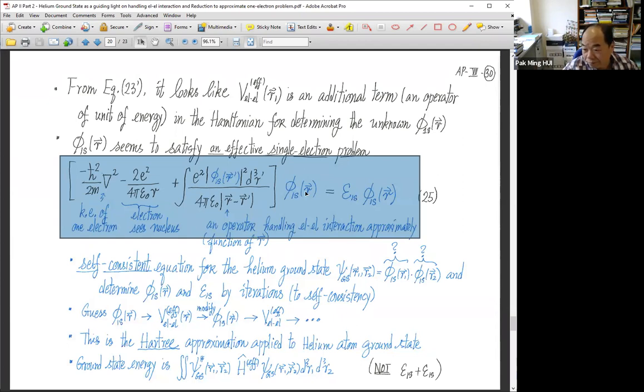Now, what's being done here is very profound, very important in physics. At this point, we have reduced the 2 electron problem into 1 electron problem. That is our goal. This is what we want to do, and we find a way to do it. So do you understand this point?